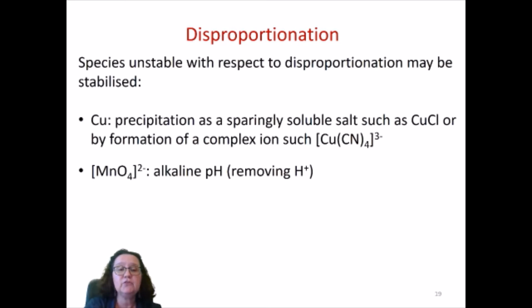In the case of the manganate, the reaction is slowed down if instead of an acidic pH, the medium is a basic pH. So basic pHs will stabilize the manganate anion and will prevent disproportionation from happening.